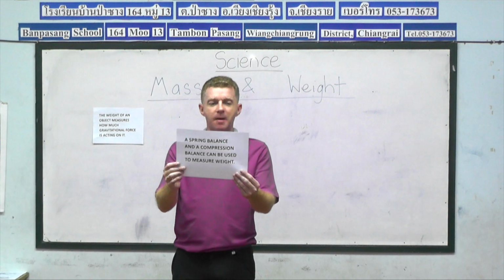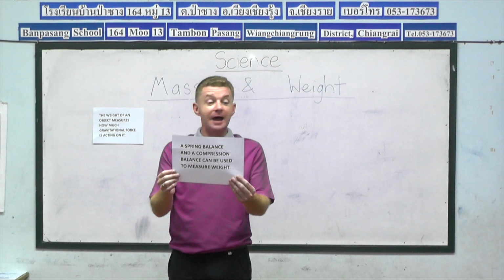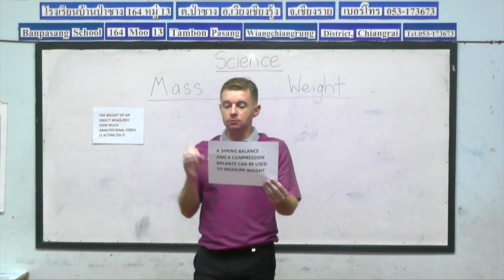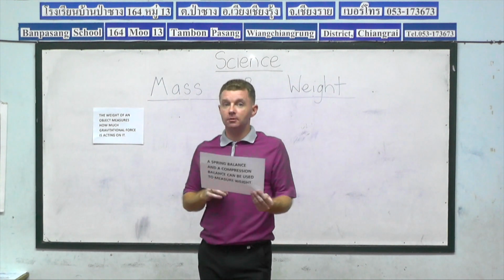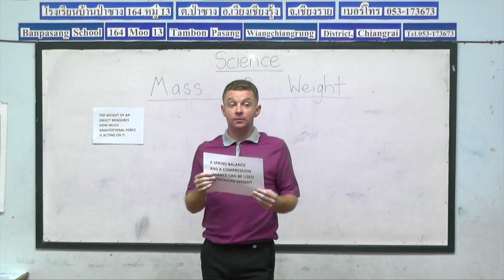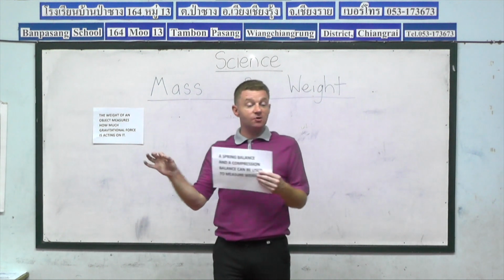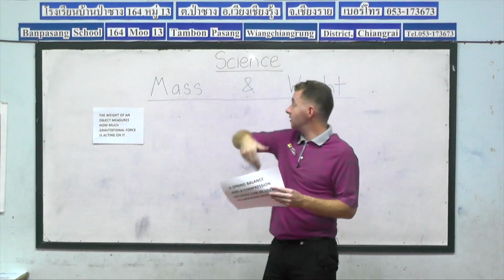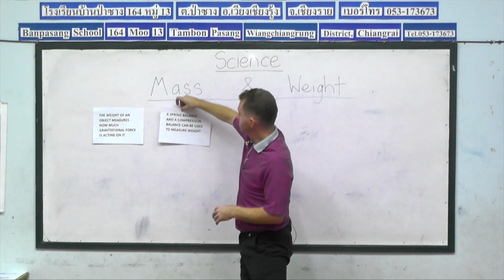A spring balance and a compression balance can be used to measure weight. So remember the picture from the flashcard. The spring balance will pull it down. The compression balance, we put plates on the top.